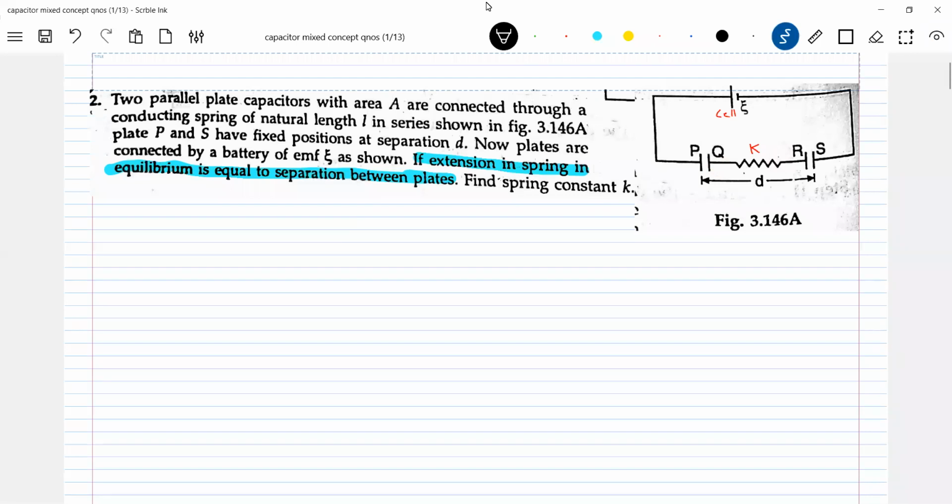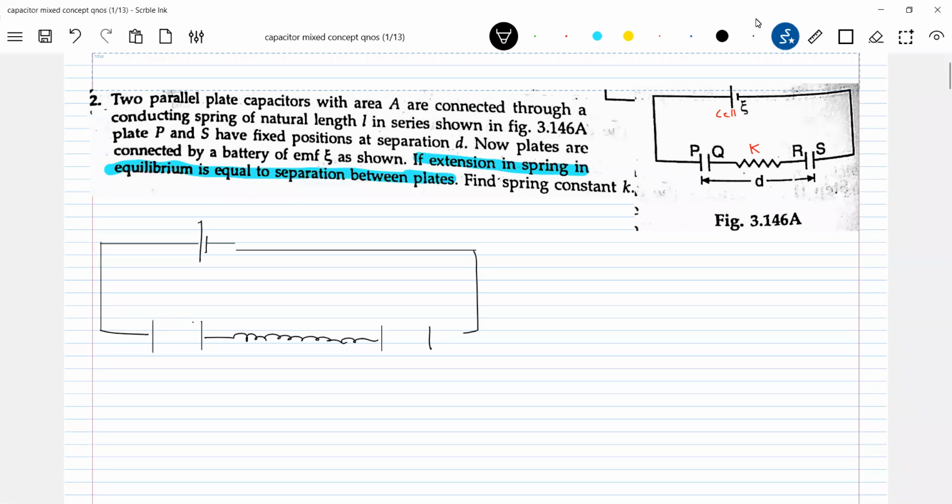So let's have one small diagram. This is P. This is S. This is Q. This is a plate.